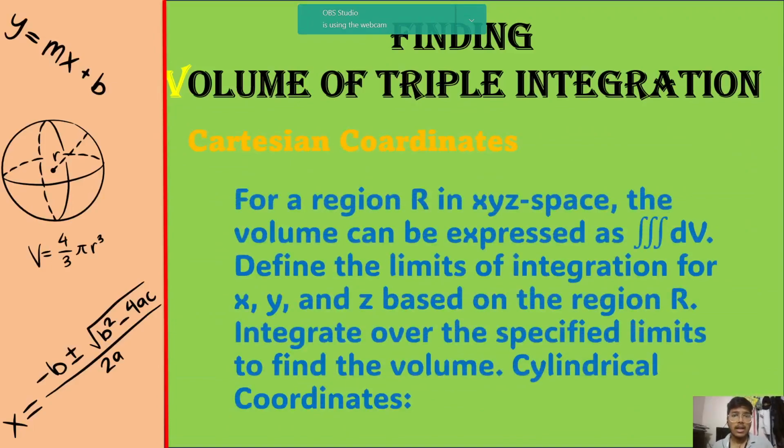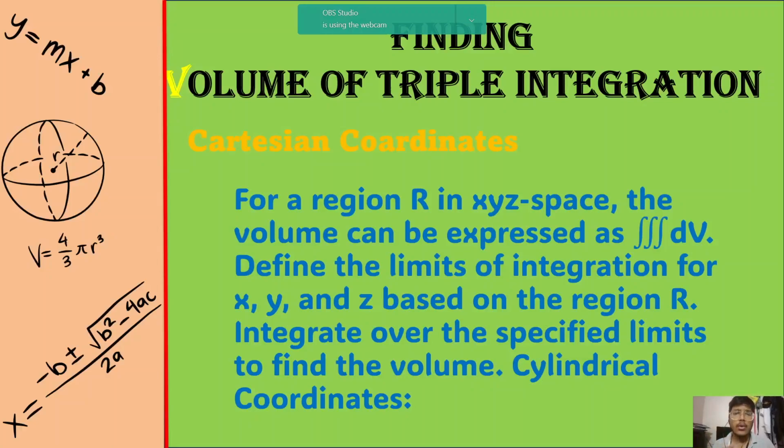So when we are talking about Cartesian coordinates, when we are doing this triple integration, in addition to the two variable limits of x and y, we add another variable which is z, and we do it step by step. We can see the three integral symbols. First we integrate this dV with respect to x, then with respect to y, and then with respect to z.